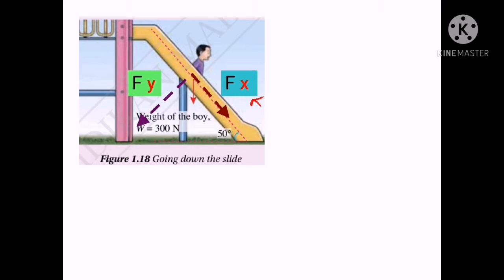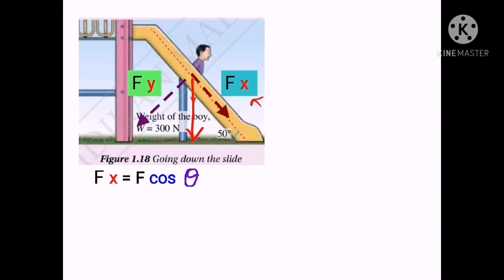Again, we're going to apply the formula that we have learned. Fx equals F cos theta, where my F is 300 Newton. Now, what is my theta here? Remember, theta has to be in between F and Fx. So this is my force, which is my weight.